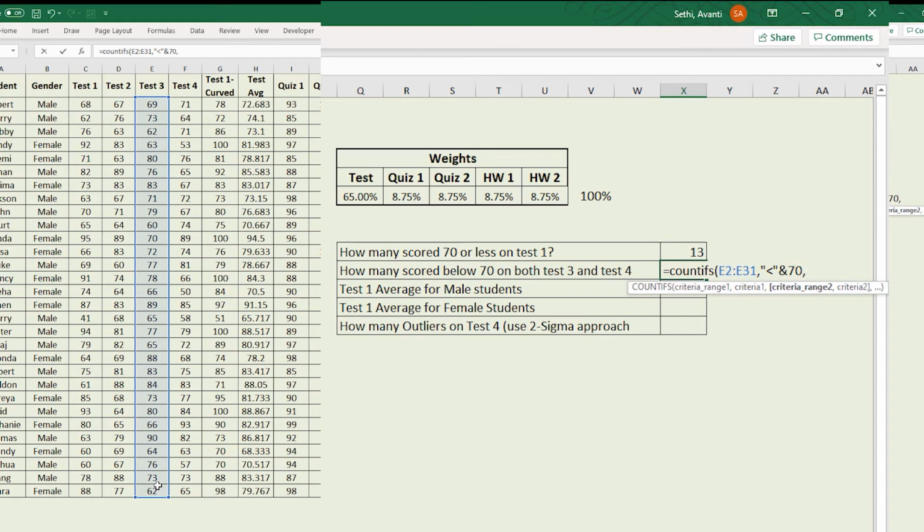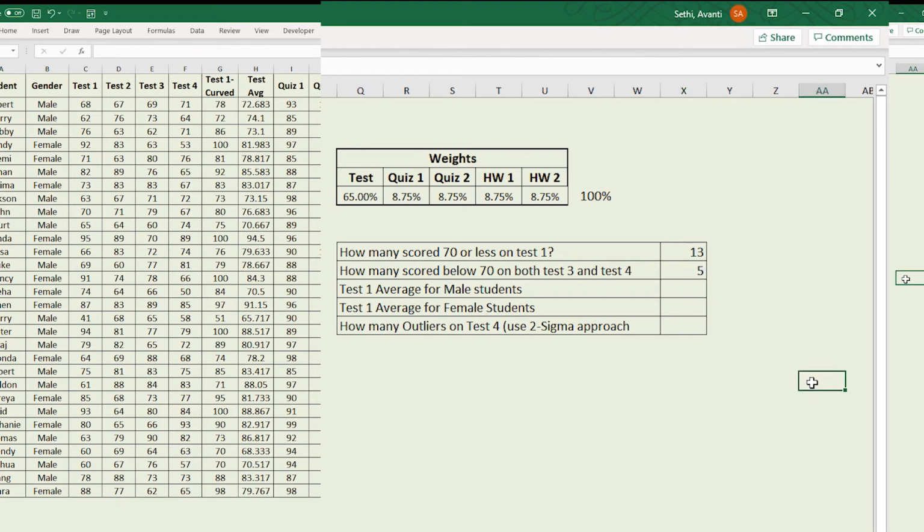Done with criteria 1. Range 2, test 4 now, and once again less than 70. Well, I'm saying less than, right? Let's put less than here. And there we are, 5 people scored in that range.